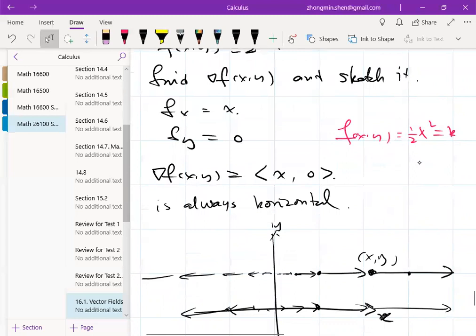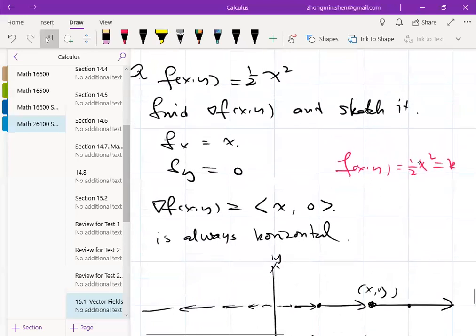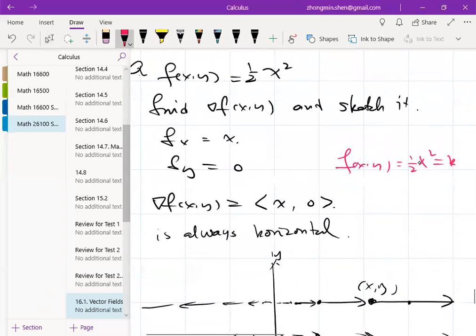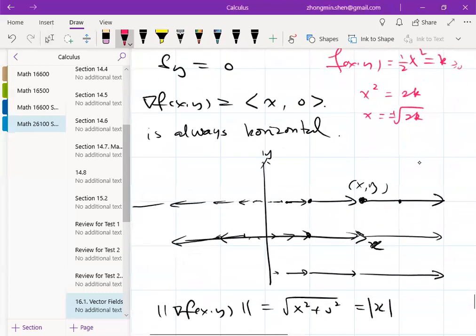Now, when you solve it, k cannot be negative. k must be greater than or equal to 0. Then x squared equals 2k. x is plus or minus the square root of 2k. So it depends on the value. So those are the level curves.